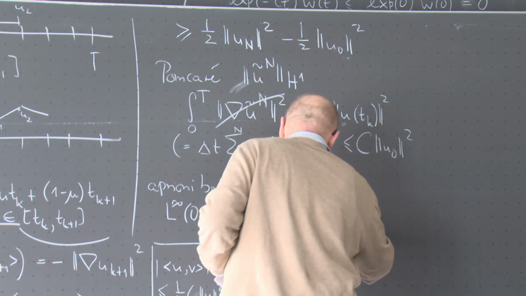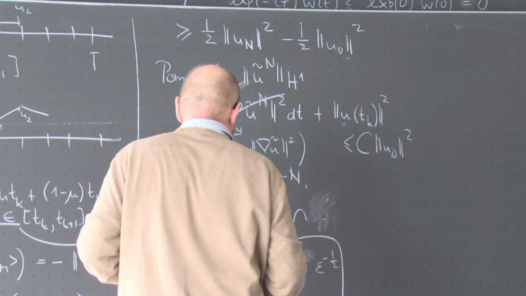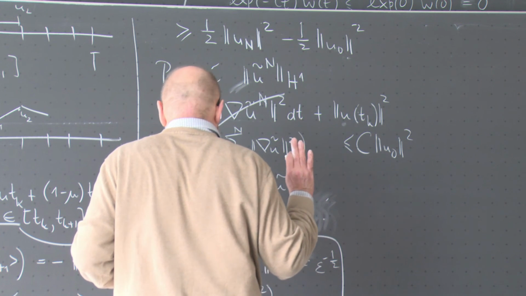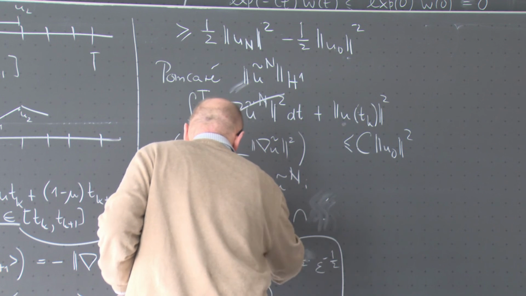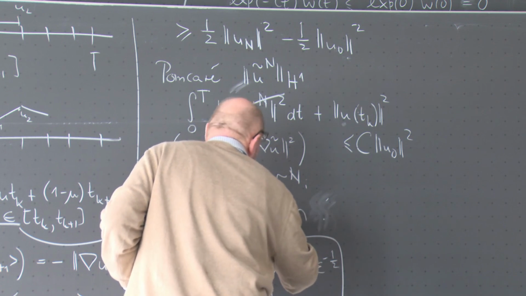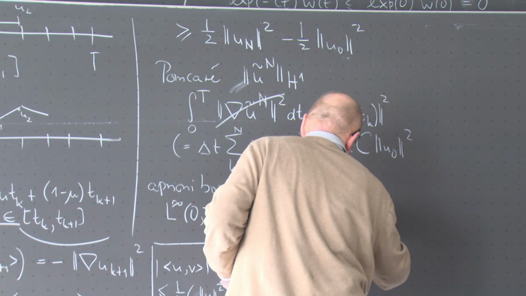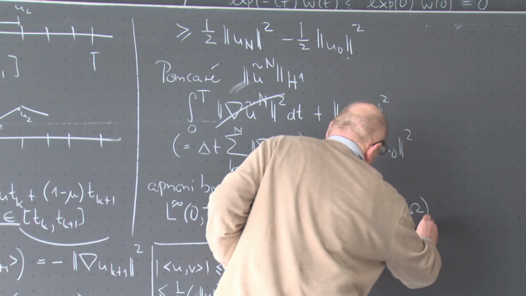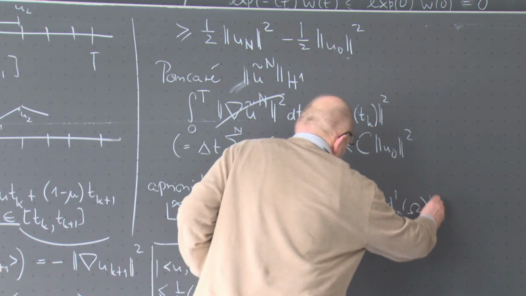Where do we have the time derivative? No, sorry, that's nonsense. L2, this is this thing. And we have L2(0,T; H1_0(Omega)). And of course the time derivative is missing.